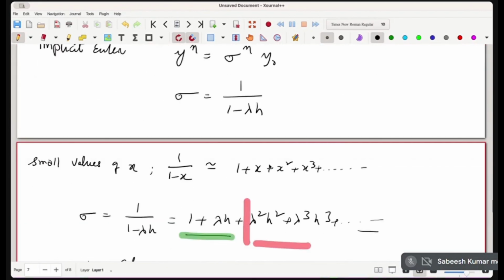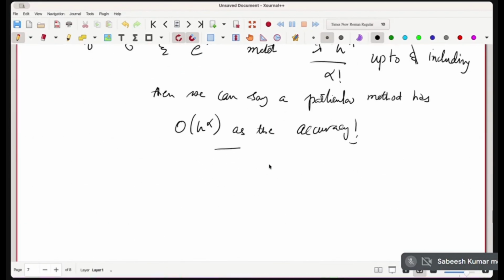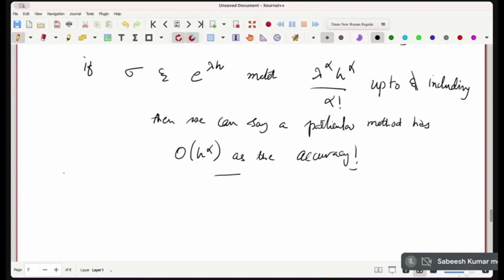All right, and then we can now look at, so many a times, although this order of accuracy is useful, it is not sufficient. We want to look at the order of accuracy from a slightly different perspective for certain problems. For certain problems, we are interested not only in how accurate the method is in terms of amplitude, we are also interested in knowing how accurate the method is in terms of its phase.